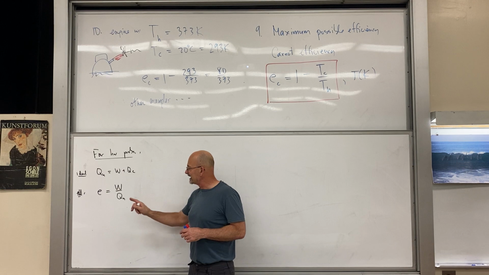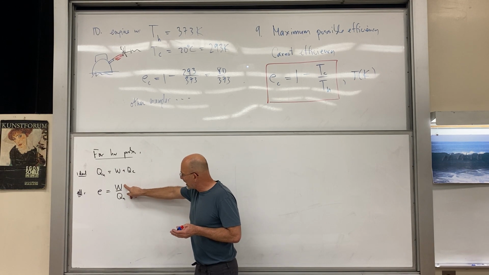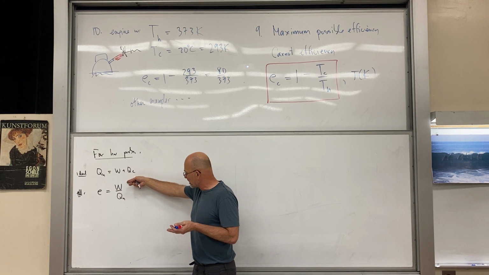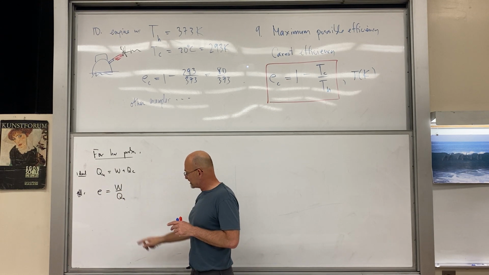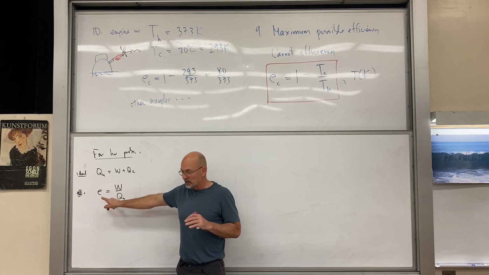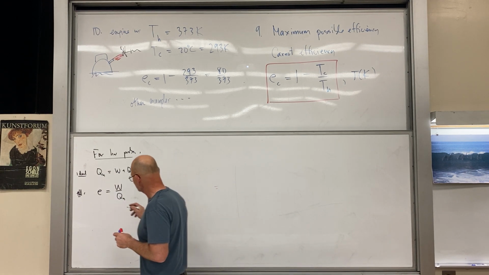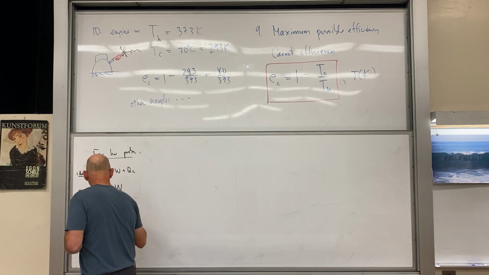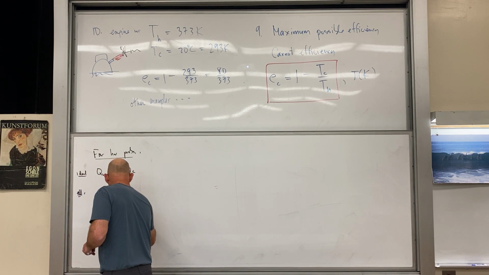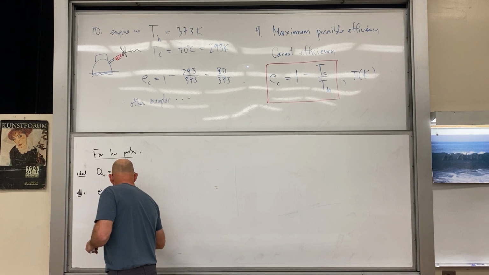So whether it's ideal or not, if they tell you got so and so much work out for such a temperature, then there's the efficiency. If that's not the ideal efficiency, that's just the efficiency per se. And then you've got the Carnot efficiency, which is equal to 1 minus TC over TH.